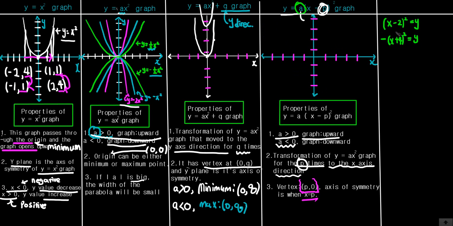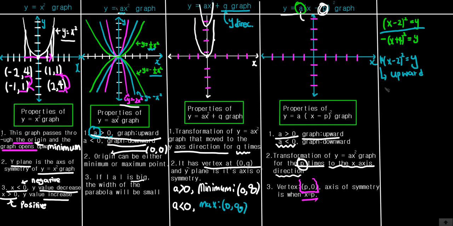Let's think about our first example, x minus 2 squared is equal to y. If you write it down again, x minus 2 squared is equal to y. We can know several things: the a value turns into 1. That means it is positive, so the graph will go upward according to our definition.